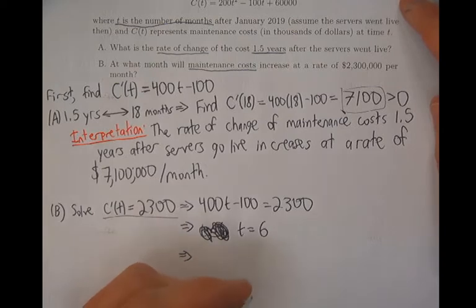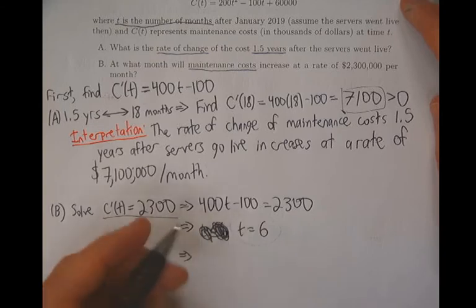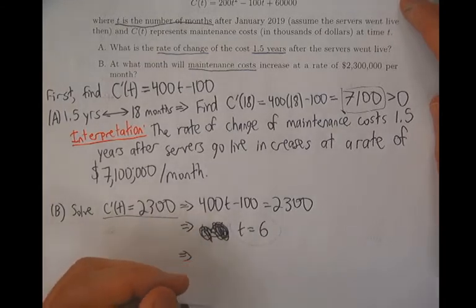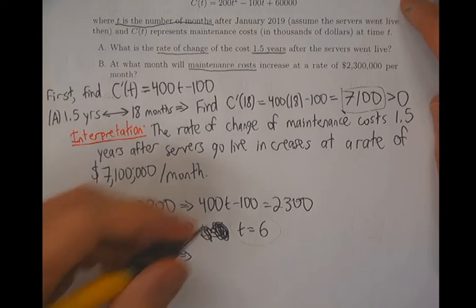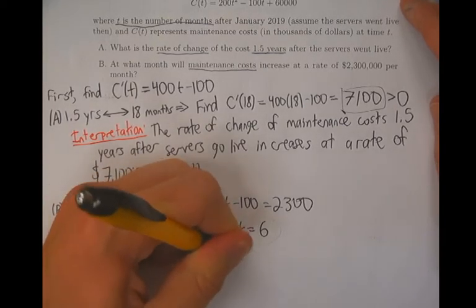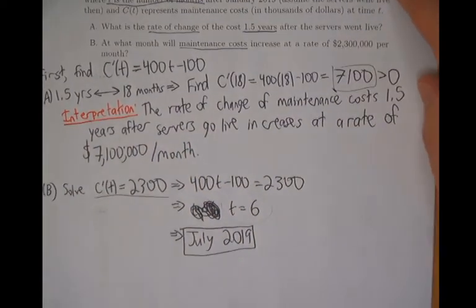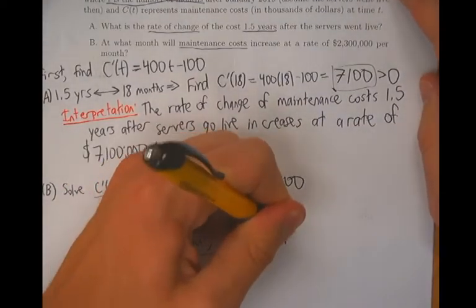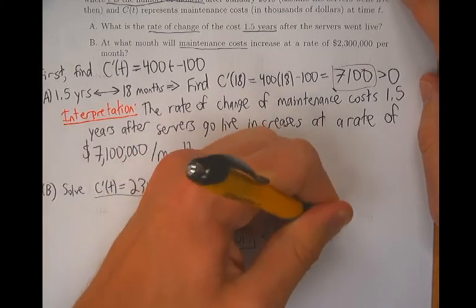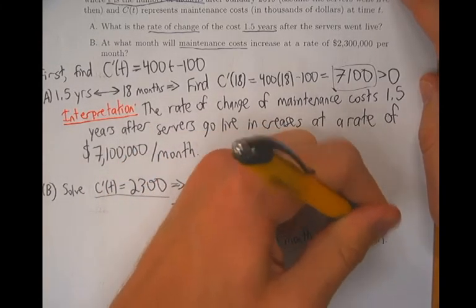So what month should that correspond to? This corresponds to 6 months after January 2019. So what month should we get from that? July, right. July 2019 is the desired answer here, because that is 6 months after January 2019.